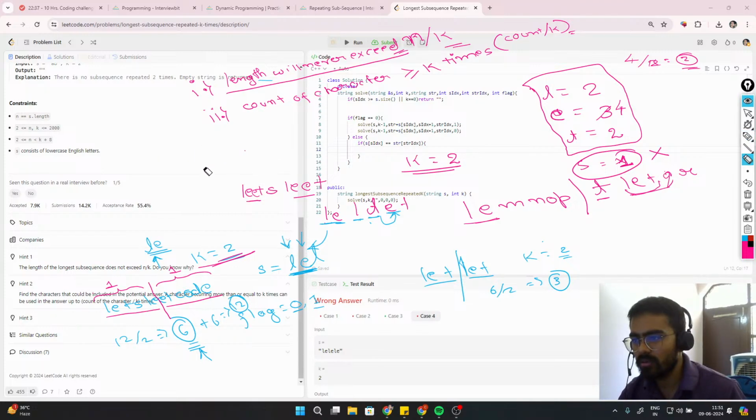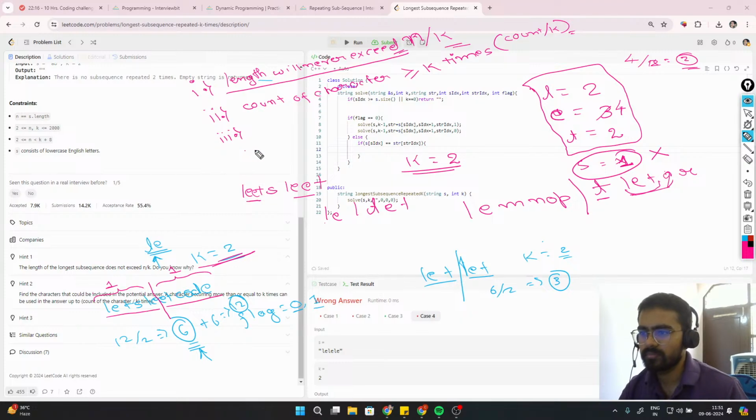I need to find more insights. I'm still not able to properly find how we can do it. Still need more insights. What else can we take? What else can we find? Let's take hint 3 also.